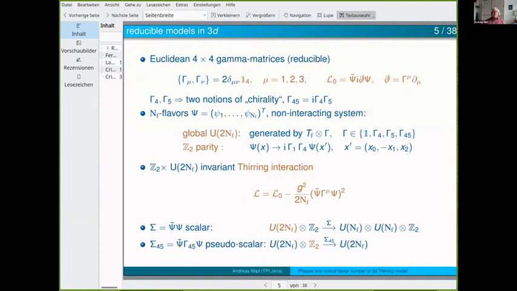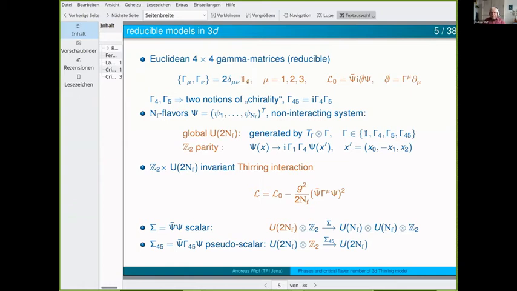So the capital gammas are the four-dimensional gamma matrices. And of course, there's always a fourth gamma matrix, if you think about it in 4 dimensions. So besides these 3 gamma matrices, you have gamma 4, and of course, in 4 dimensions, the gamma 5, so there are 2 additional anti-commuting matrices. So you have 2 notions of chirality.